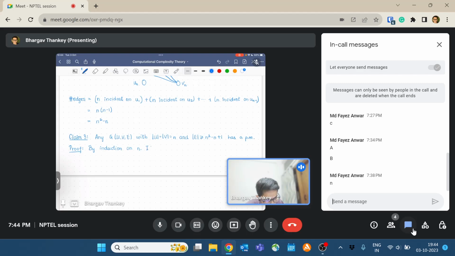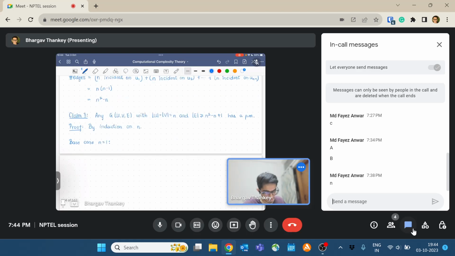The base case is 1. So when n equals 1, n square minus n plus 1 is 1 minus 1 plus 1, which is 1.